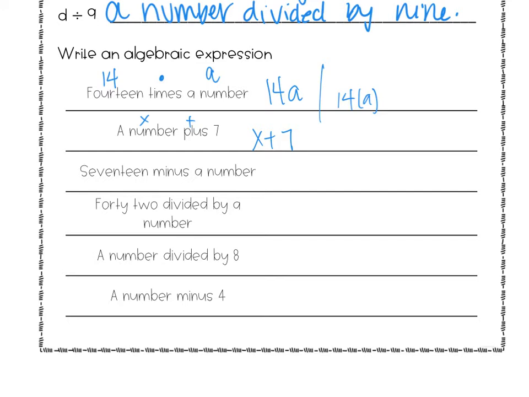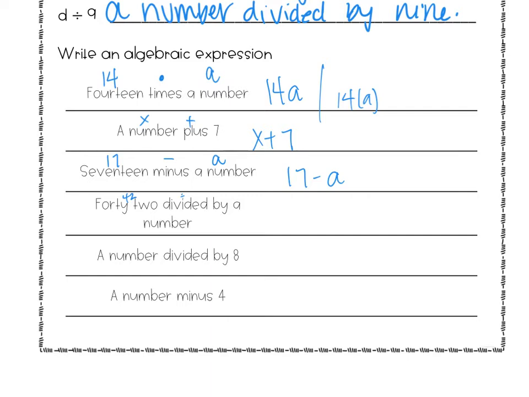My next one says 17 minus a number. So 17 is my number, minus, and then I have a variable, a number, any letter that I want. I'm going to pick A again. So I have 17 minus A. The next one says 42 divided by a number. This is my variable.